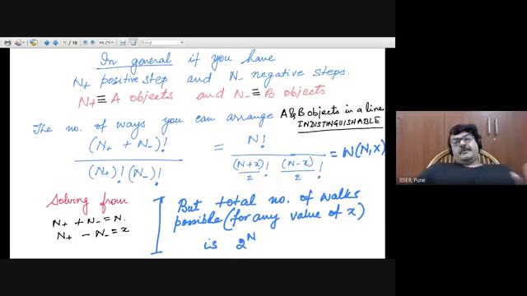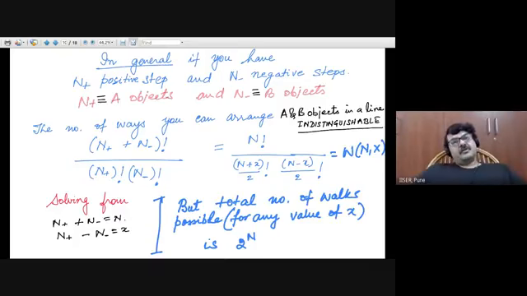right? Where the total number of steps is n. But remember, here we have fixed, so W(n,x) is for a fixed displacement, but the total number of walks which are possible for any value of x is 2 to the power n, because each step you can take either to the right or to the left. Similarly, the next step you can take to the right or to the left.